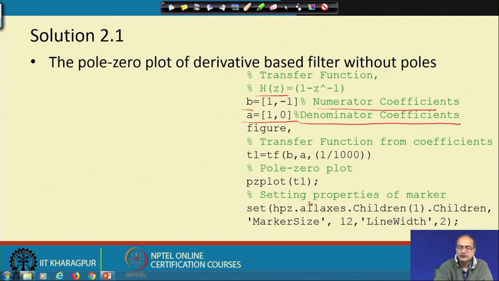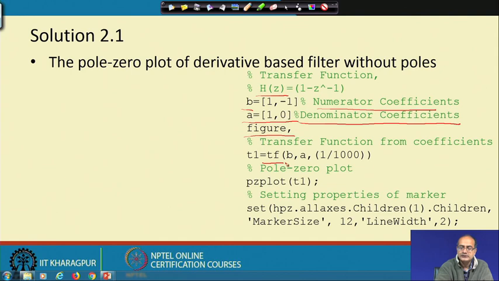After that, to create the plot, we issue a figure command to create the plane, and once the plane is created, we have to build the transfer function. For that we make use of the function tf.